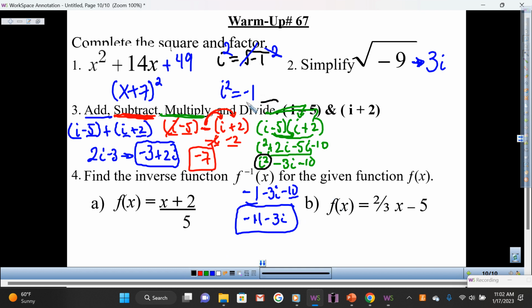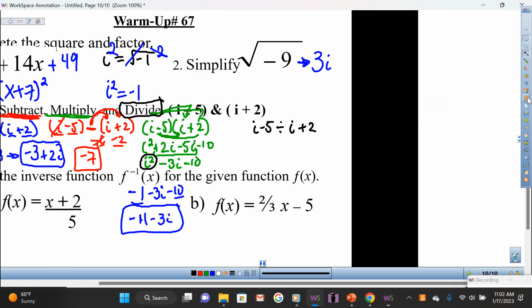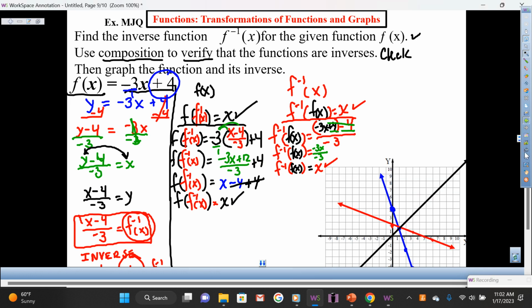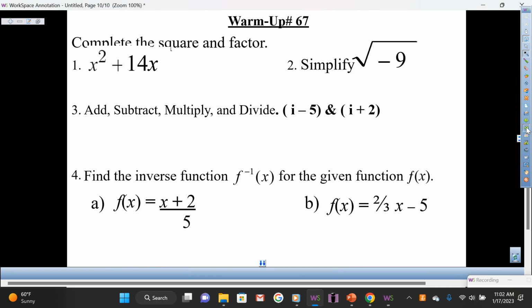Let's go to the last one, division, your favorite. You got i minus 5 divided by i plus 2. So, let me move over here to the side, make some room.